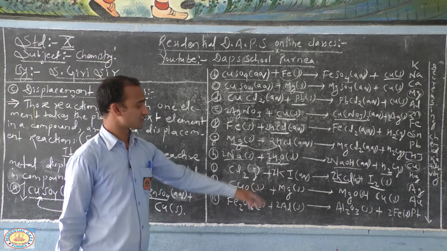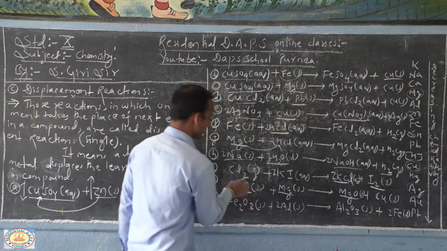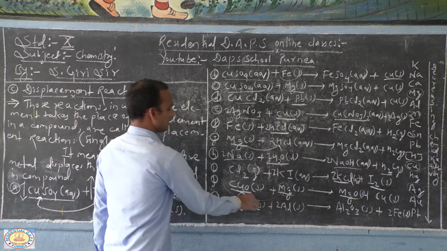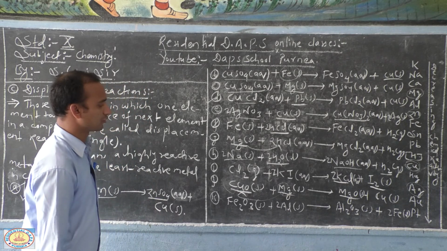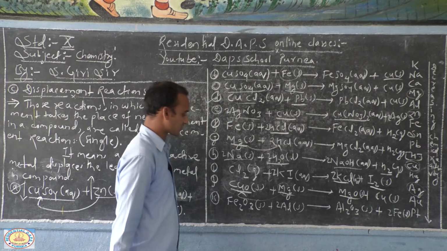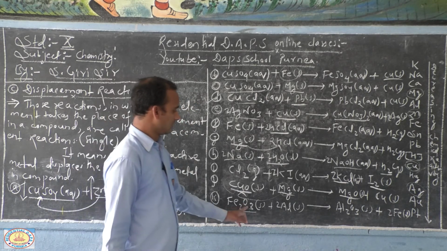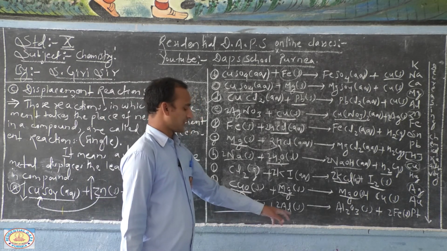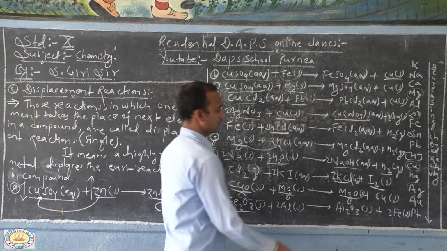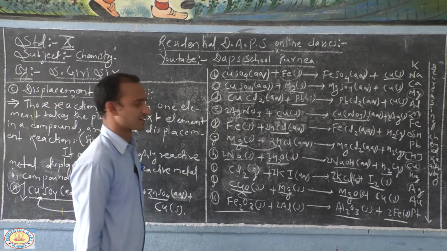Copper oxide, when it is treated with magnesium metal, gives a similar reaction, because copper is less reactive than magnesium, magnesium is more reactive. So magnesium displaces the copper from CuO and forms magnesium oxide and copper metal. Similarly, when you take ferric oxide and heat it with aluminum metal, aluminum oxide along with molten iron is formed.